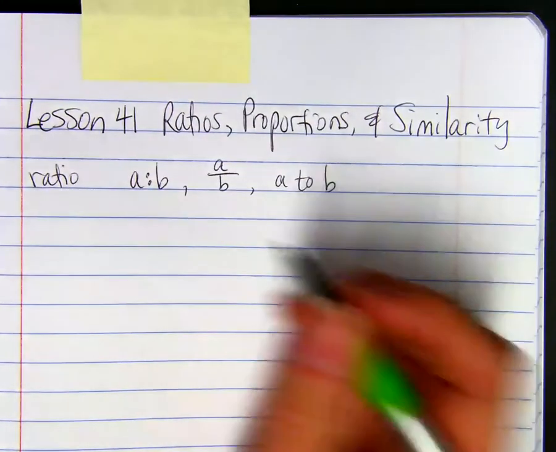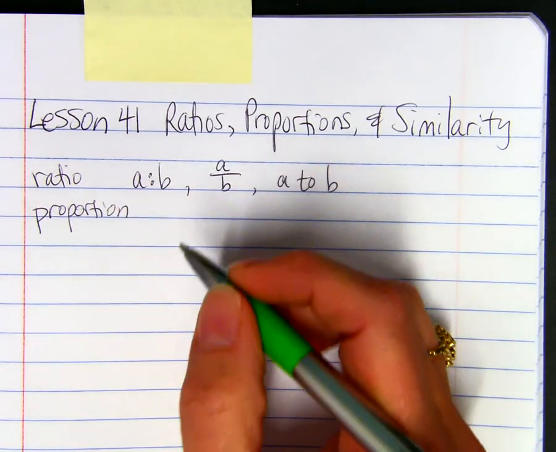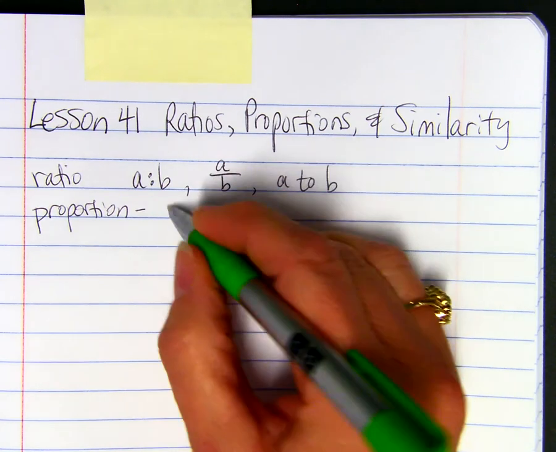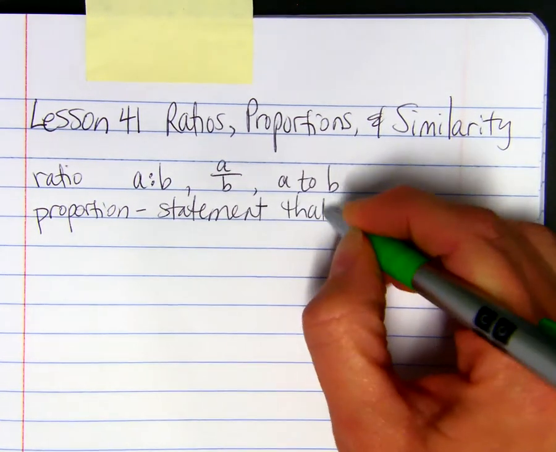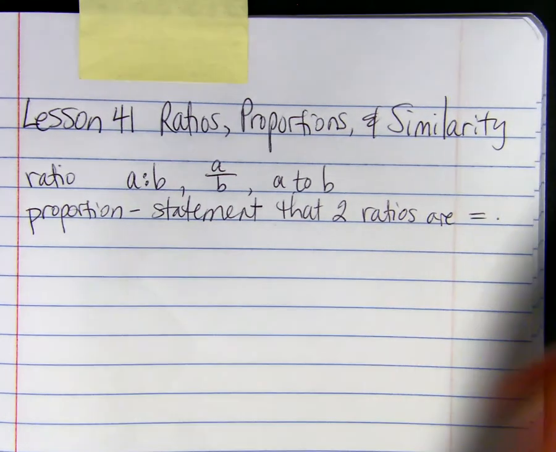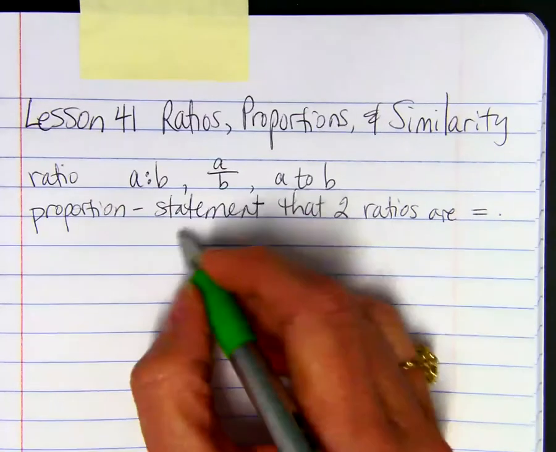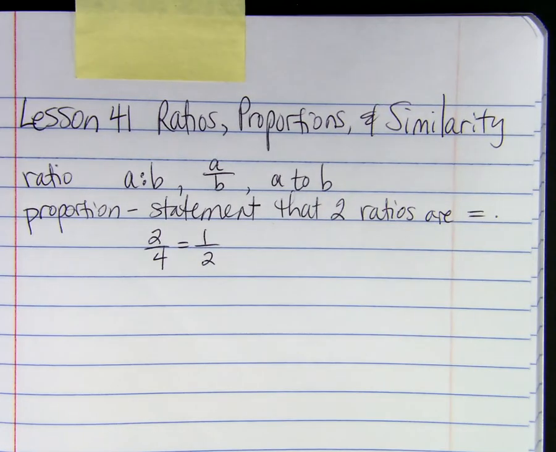A proportion is a statement that two ratios are equal. So 2/4 equals 1/2. That is considered a proportion.